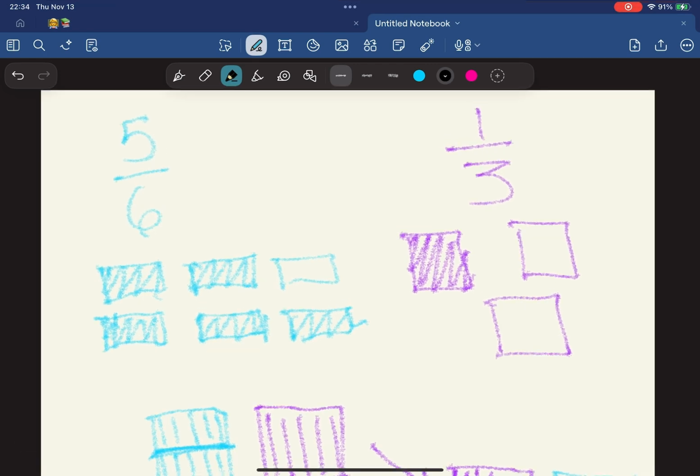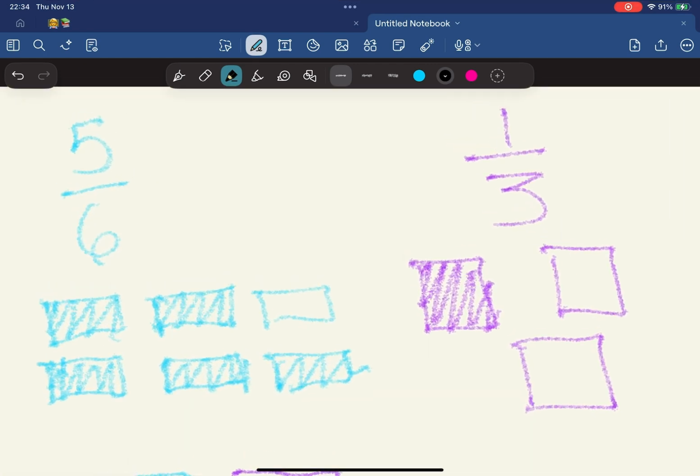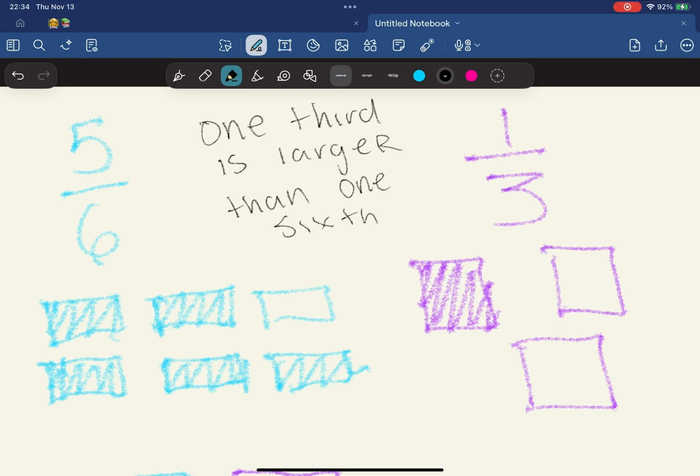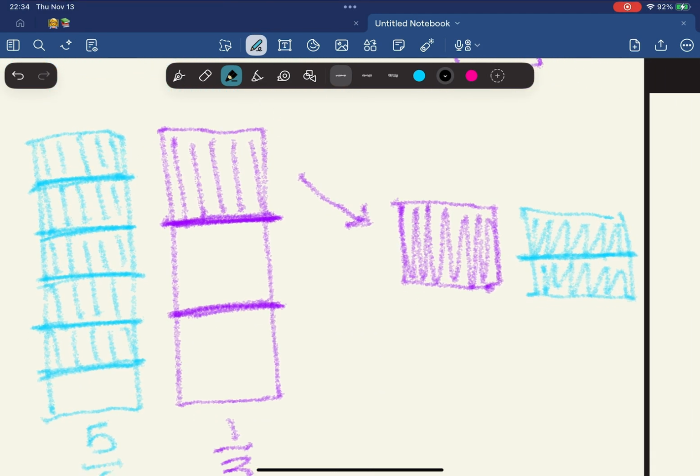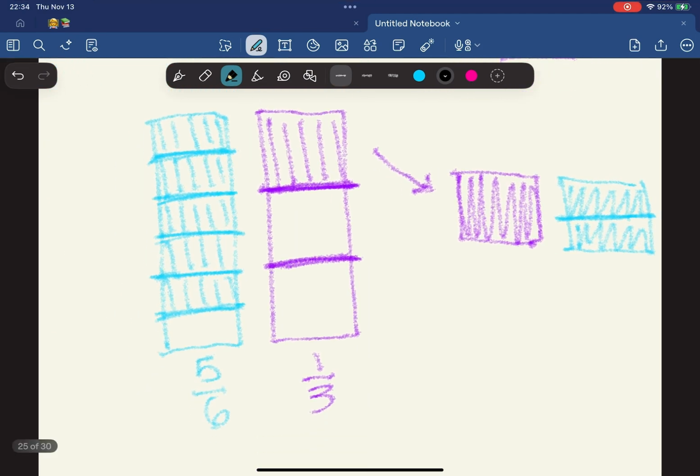So we have our 5/6 and our 1/3. 1/3 is larger than 1/6. So I see how many third pieces fit into my shaded 5/6 strip. Sorry, that was a tongue twister there. Each 1/3 equals 2/6.